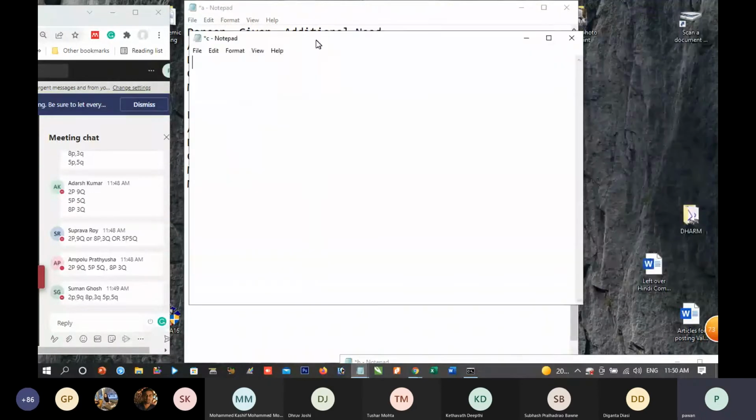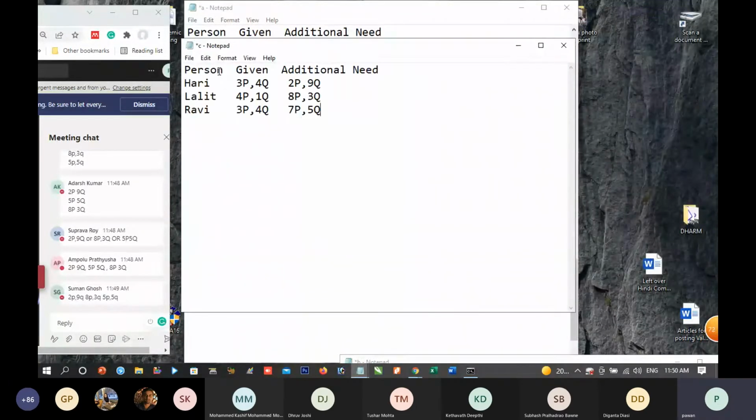Do this case. Minimum additional needed. Is it correct? Yes.